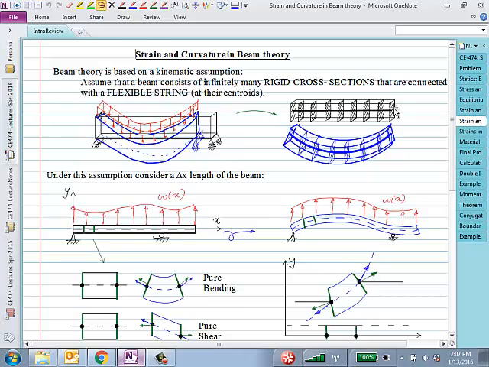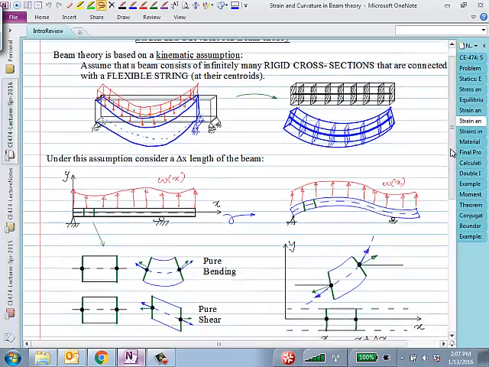They can slide with respect to each other, but they cannot warp out of plane. So any deformation of a beam has to be in terms of the deformation of the centroid line and the movement of all of these infinitely many cross sections. That's what beam theory really relies upon.